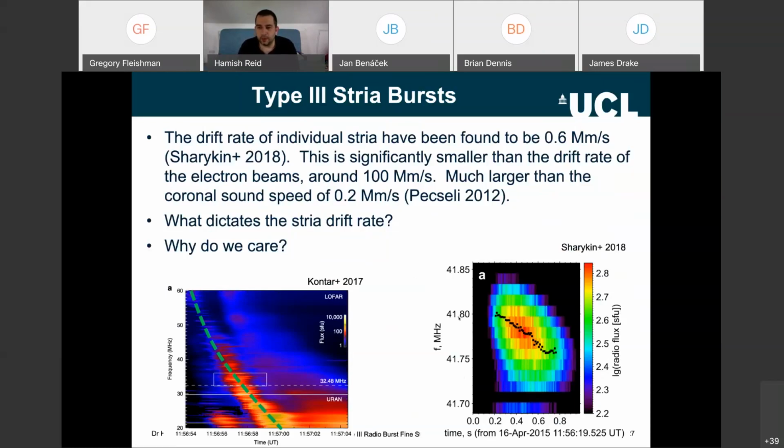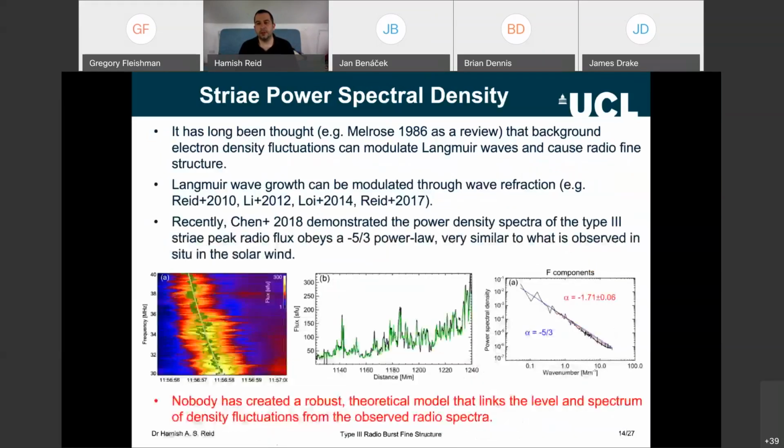And then the other important question that I always ask myself before I do any science is, why do we actually care? Okay, great, they're drifting at this rate, who cares, right? Well, it's long been thought, from a number of studies, that the background electron density fluctuations can modulate the Langmuir waves and potentially cause this radio fine structure.